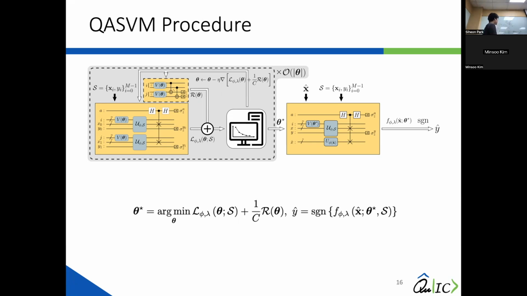Okay, so since we are using something like gradient descent, the runtime complexity we require is the time for running each circuit times the number of parameters. So that's why the total runtime complexity will be m polylog.